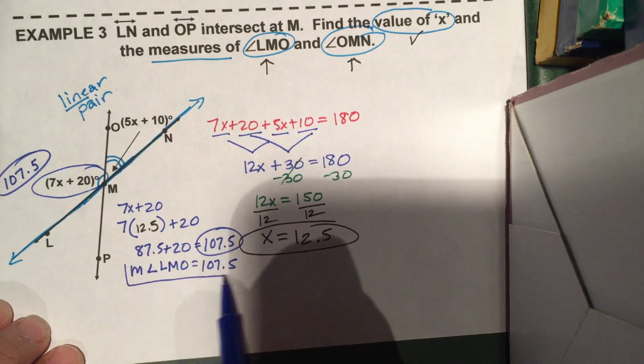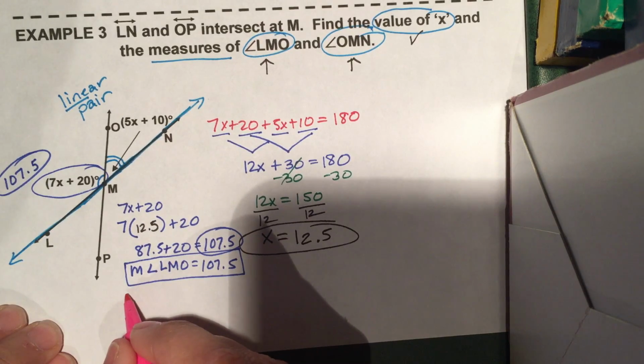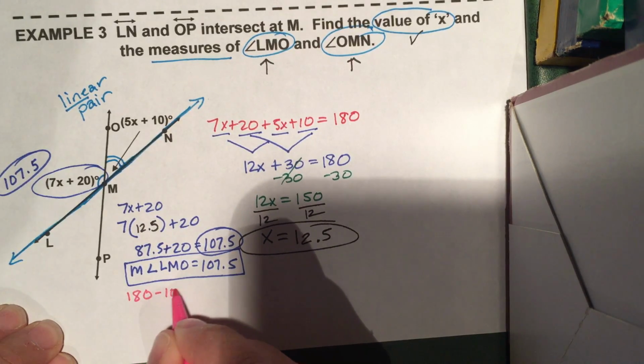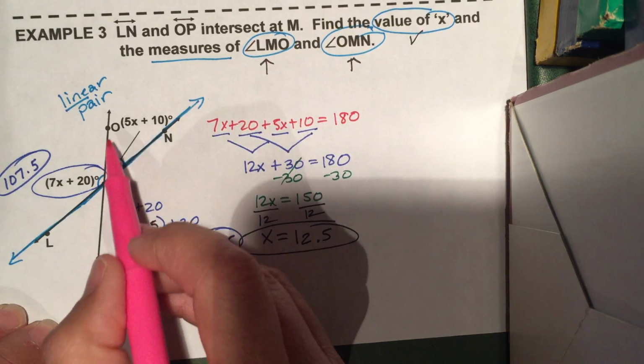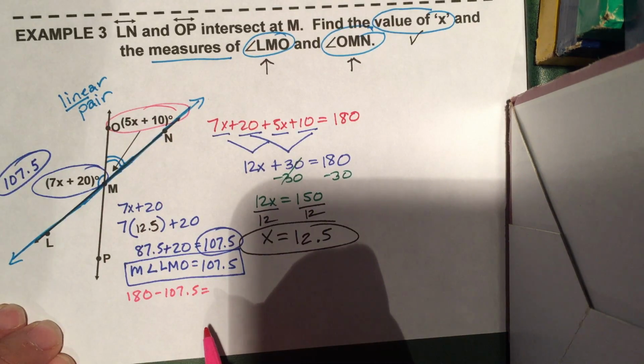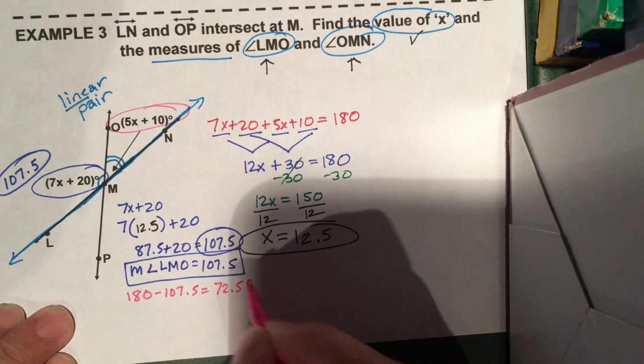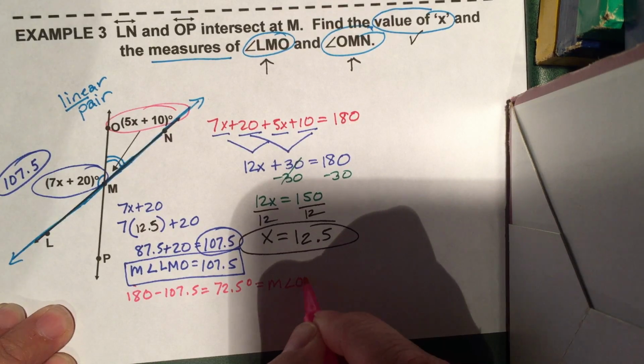Once you know this, you can subtract from 180 to find the other angle. So 180 minus 107.5 should give me OMN, which is this one. That's going to be 72.5 degrees, and that's equal to the measure of angle OMN.